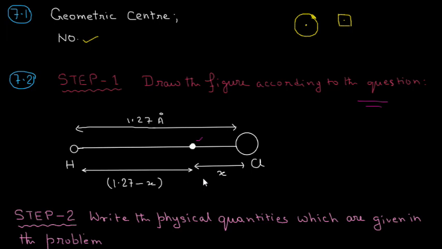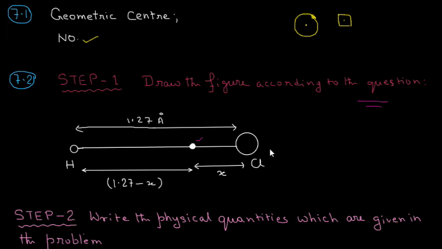Let it be located at x distance from chlorine, and the total distance is 1.27 angstrom. So the distance from the assumed center of mass point to the hydrogen atom is 1.27 minus x.